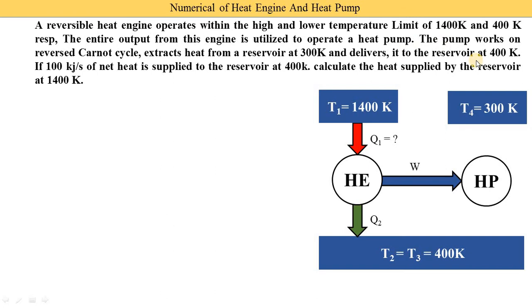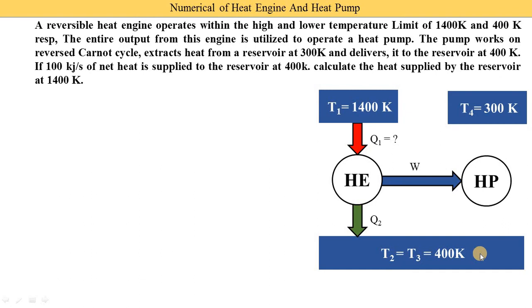Means the heat pump operates between two reservoirs. One is 400 Kelvin and the second one is 300 Kelvin. So this higher temperature is 400 Kelvin. Actually this 400 Kelvin is in the upper part and the 300 Kelvin is in the lower part, because we draw the source in the upper part and sink in the lower part, but we are also able to draw it this way.